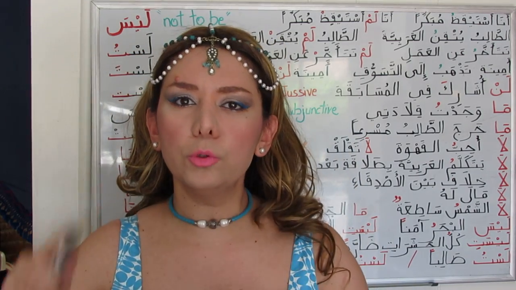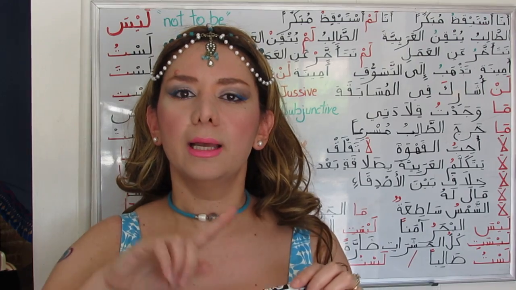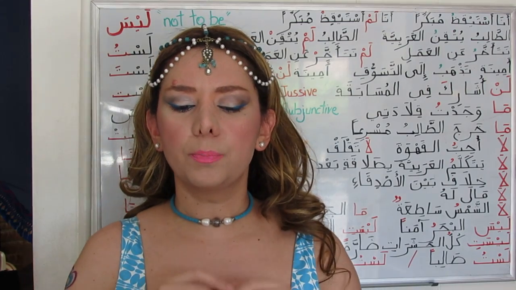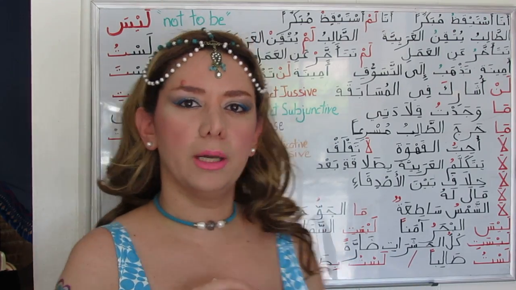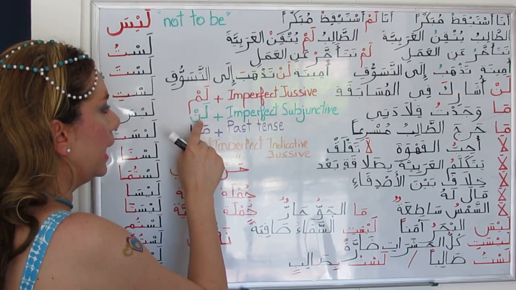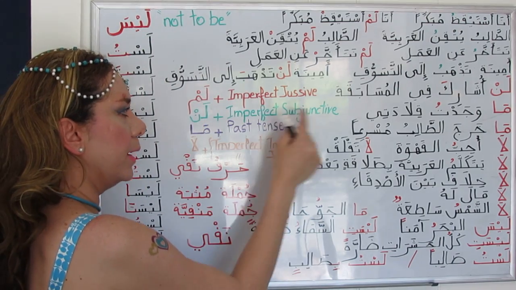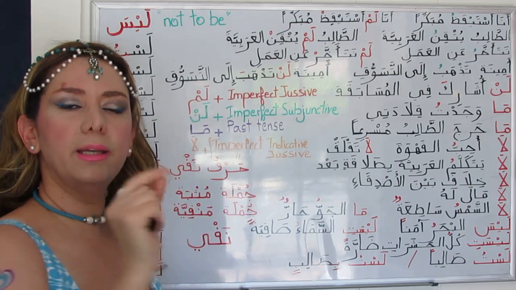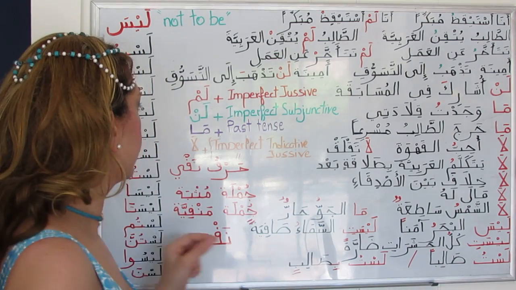And for future form, we use لن plus present tense subjunctive. So we will have لن plus imperfect subjunctive with the ending a, فتحة.